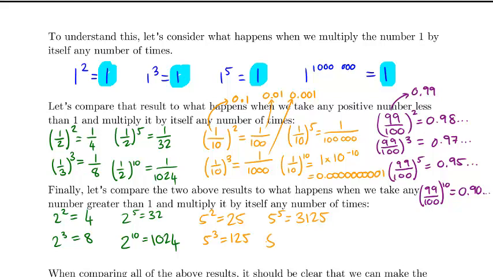But now let's take 5 to the 10. That is 9,765,625. So check it out, guys. When you take a base like 5 that's even bigger than 2, and you multiply it more by itself, it gets really enormous. The more you multiply it by itself, the bigger the results get.